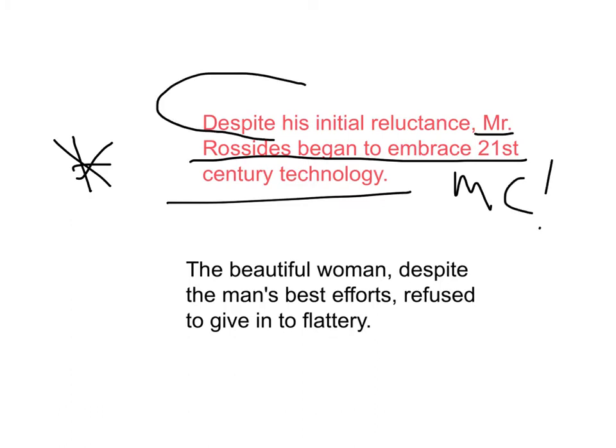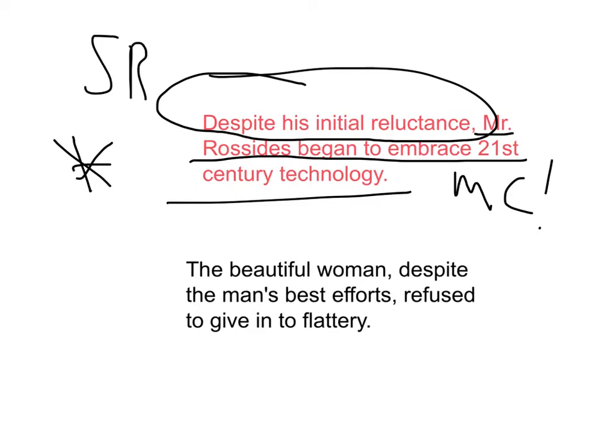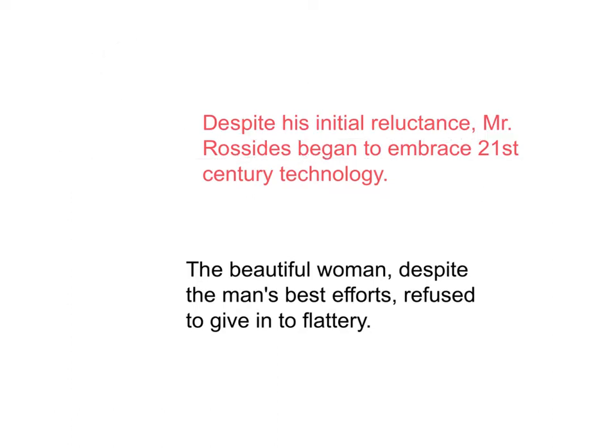Despite his initial reluctance, gives more information to the rest of the sentence, but it can't stand on its own. It's a subordinate clause. And once again, you'll notice that our little friend, the comma, is there to separate off the two. Now, this is an example of a subordinate clause that goes at the start of a sentence.